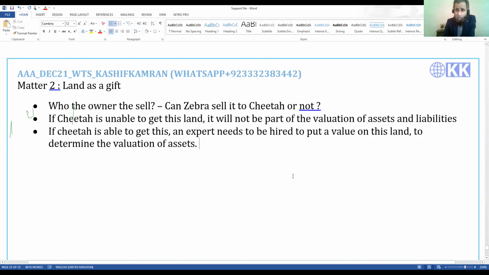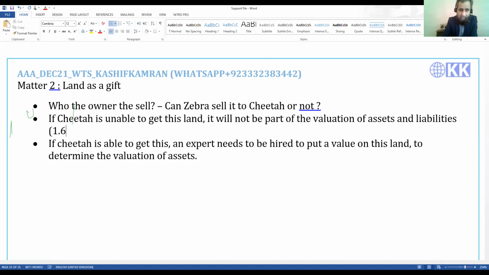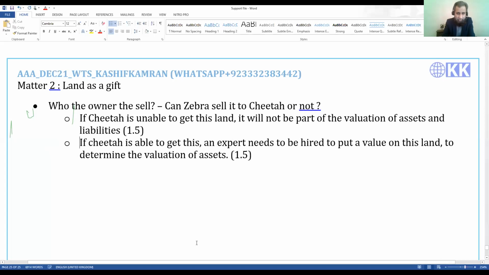So I think there is just one good method here. That is, if Cheetah is able to get this land, 1.5 marks. And if Cheetah is not able to get this land, 1.5 marks. So there are two measures, you can break them down, able and unable. I hope you're getting my point here, everyone.